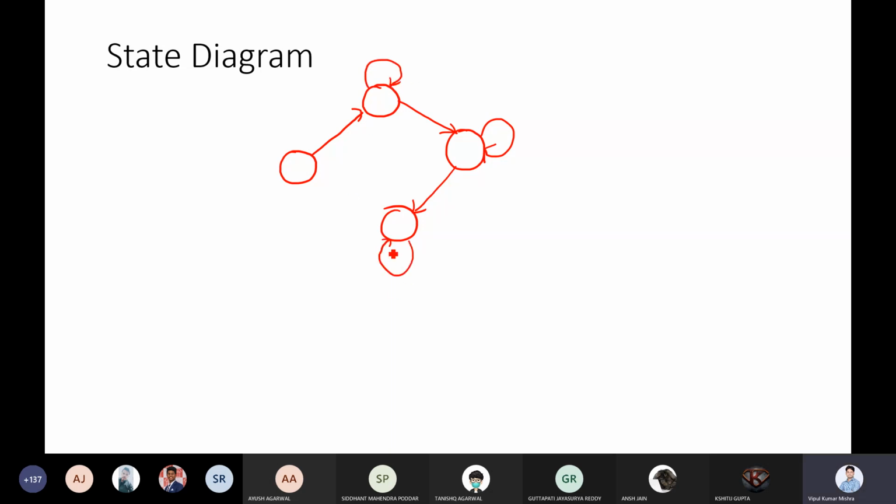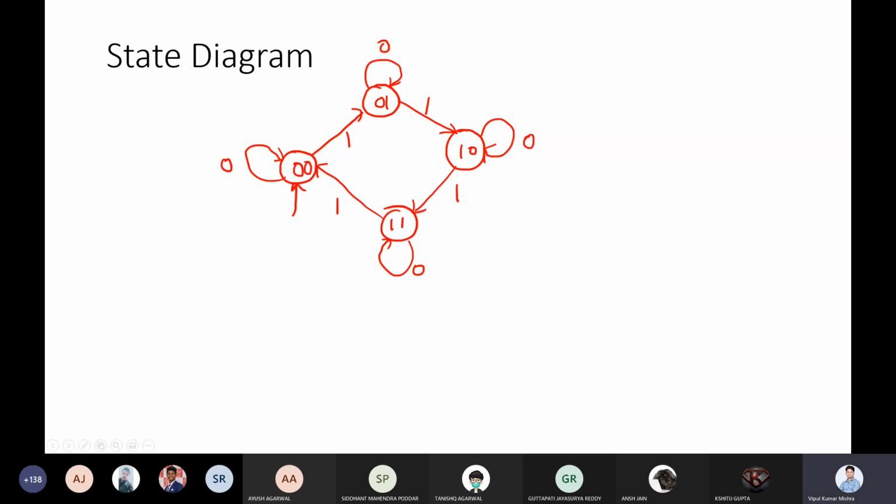I'm making any one random state diagram, and this is the initial point. So now let me say it's a 0, a 0, a 0, a 0, and 1, 1, 1, 1. Right? And here I'm saying it's 0 0, 0 1, 1 0, 1 1.